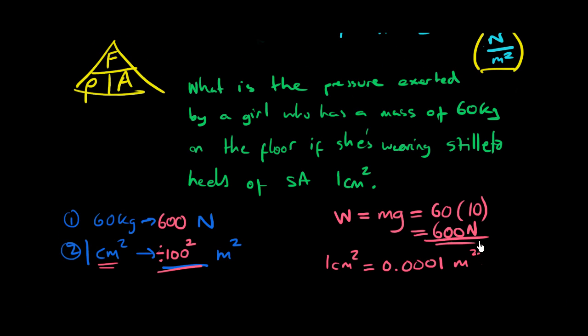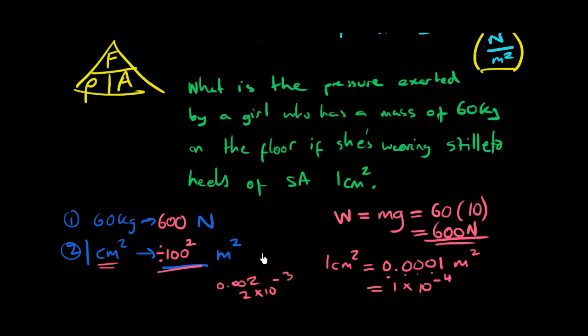Just for a bit of revision on standard form, this is the same thing as 1, 2, 3, 4 zeros, including the one before the dot, so this is the same thing as 1 times 10 to the minus 4 meters squared. The 4 comes from these 4. So in other words, if you had 0.002, that would be the same thing as 2 times 10 to the minus 3. And so forth.